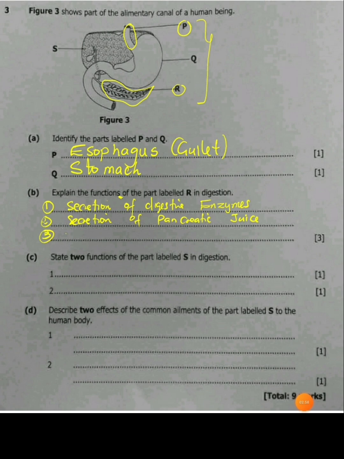The other one is the production of bicarbonates. The bicarbonate is a base, so its purpose when it is secreted is just to neutralize the environment.